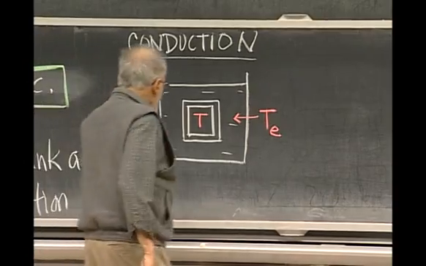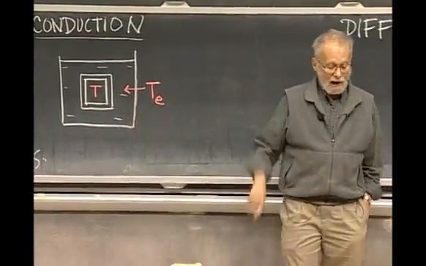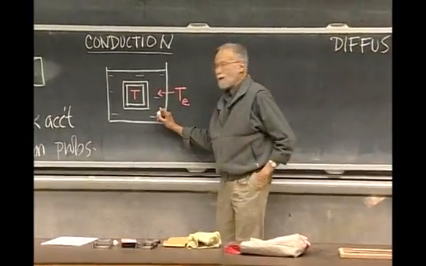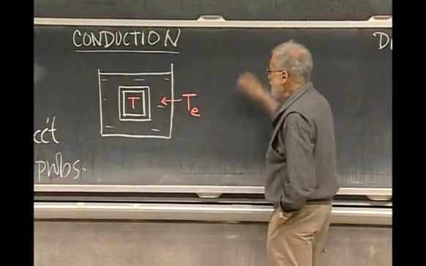Now, what is the model? In other words, how do I set up a differential equation to model this situation? Well, it's based on a physical law, which I think you know. You've had simple examples like this.